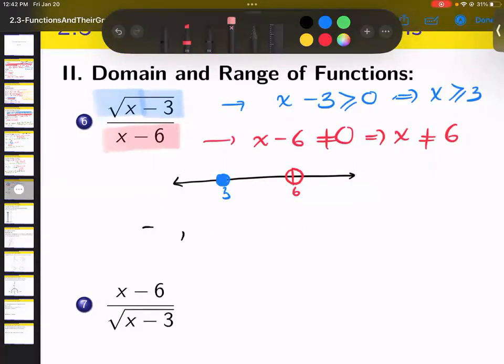Oh, actually, can I start at negative infinity? Because I'm starting right here, it has to be greater than 3. Greater than 3. But then I skip the 6 and move on from there. Yeah, so a bracket 3, which includes 3, up to 6, union from 6 to infinity.